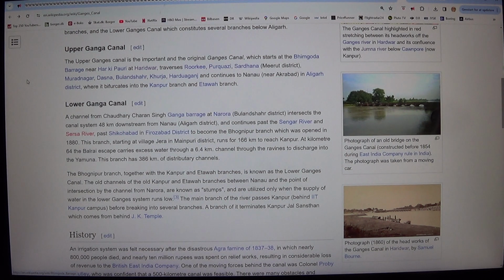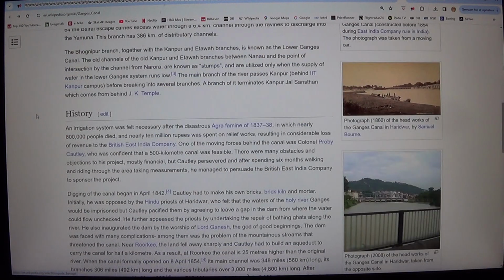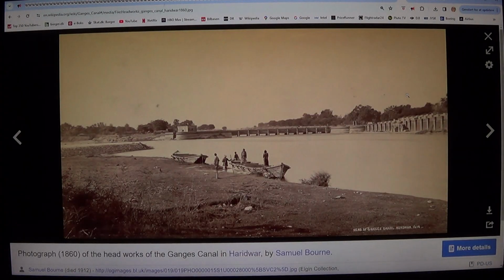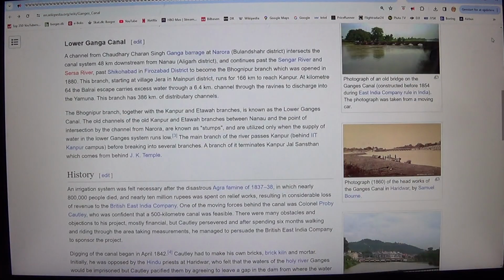Lower Ganga Canal, edit. A channel from Shodhari Sharan Singh Ganga barrage at Narura, Bulandshahr district, intersects the canal system 48 kilometers downstream from Nanor, Aligarh district, and continues past the Senka River and Sirsa River, past Shikohabad in Firozabad district to become the Purnupa branch which was opened in 1880.